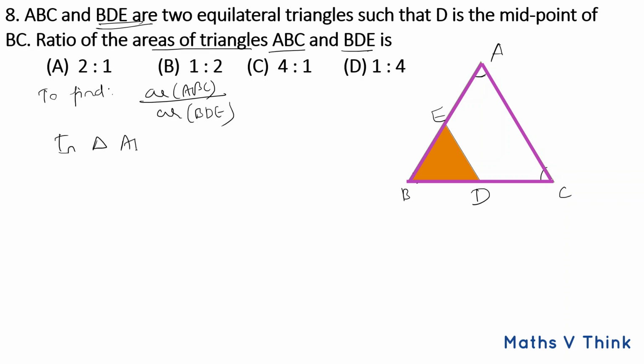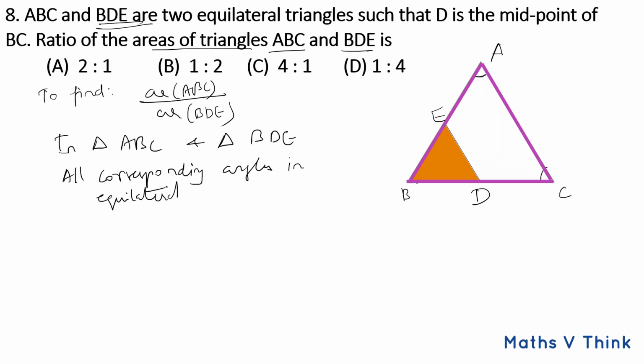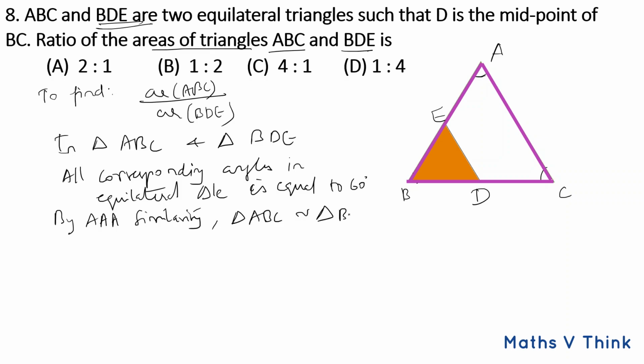In triangle ABC and triangle BDE, we can tell all corresponding angles in an equilateral triangle are equal to 60 degrees. So by angle similarity, we can tell triangle ABC is similar to triangle BDE. Now we proved the similarity.